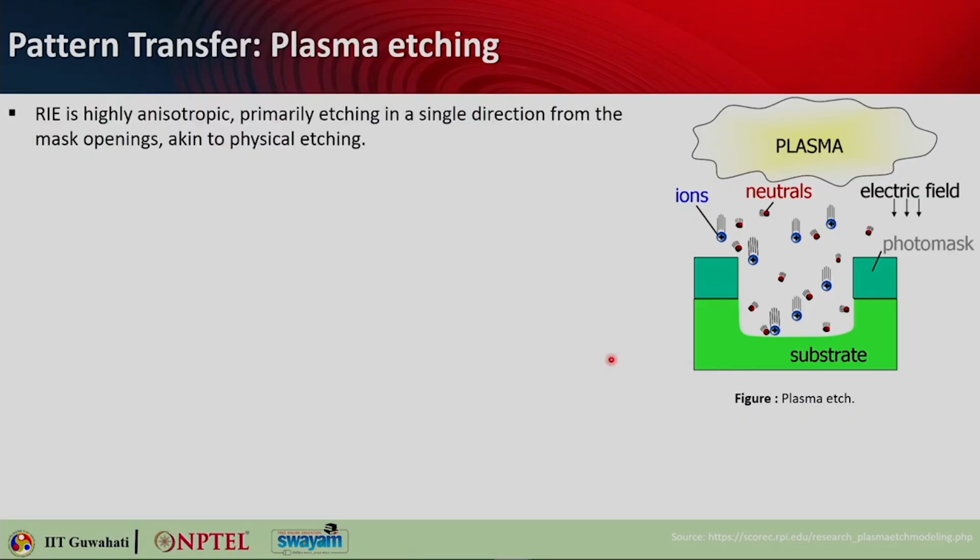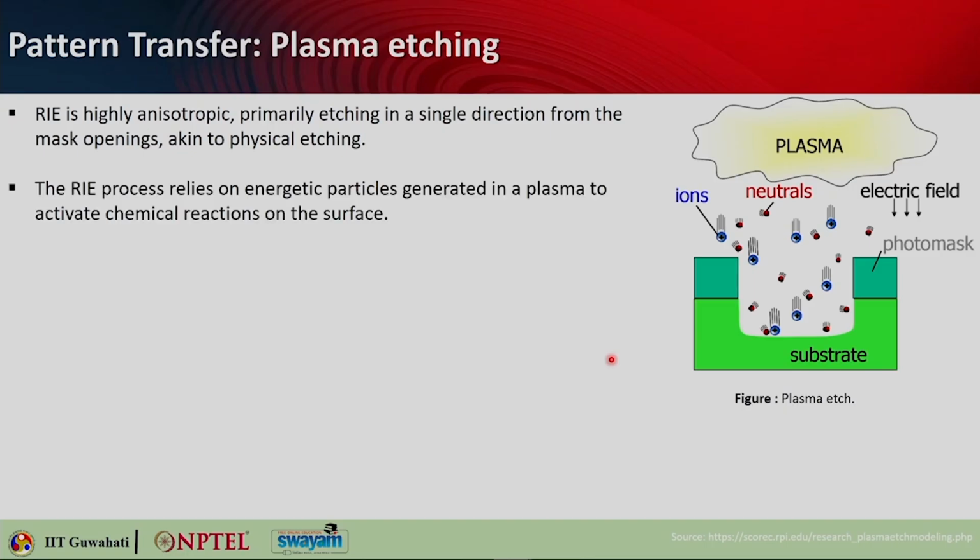So, reactive ion etching, as I mentioned, is highly anisotropic, and it primarily etches in a single direction from the mask opening, just like physical etching. Okay. And the reactive ion process relies on energetic particles generated in a plasma to activate the chemical reaction on the surface.